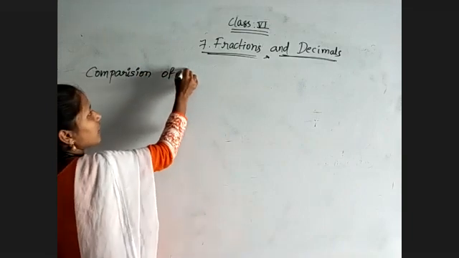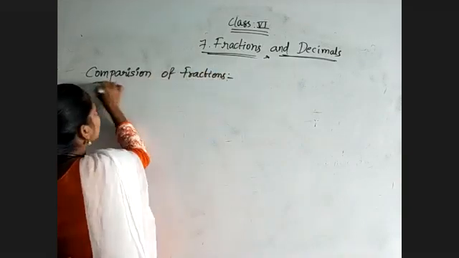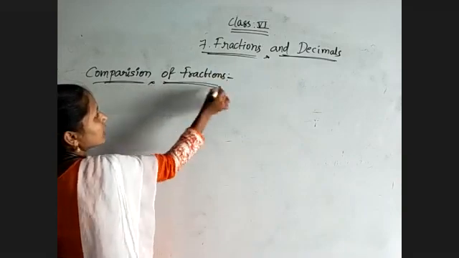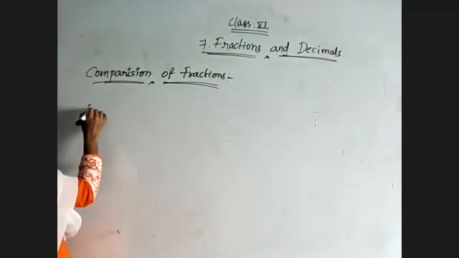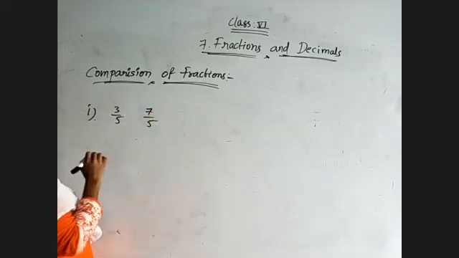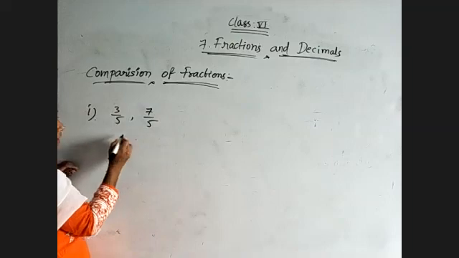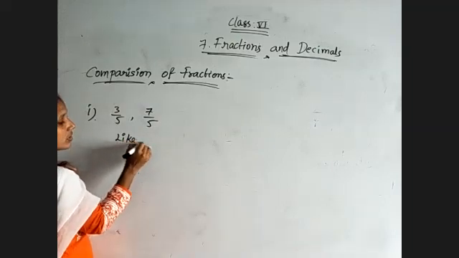So, comparison of fractions. First, if I give two fractions like this, 3 by 5 and 7 by 5. So observe the given fractions. Both have the same denominator 5. So these are like fractions.